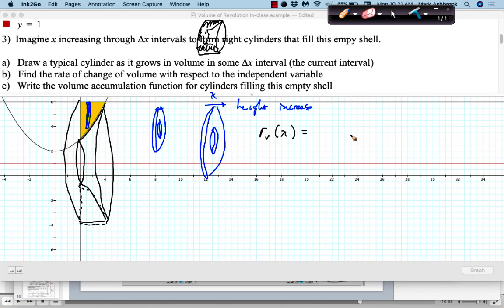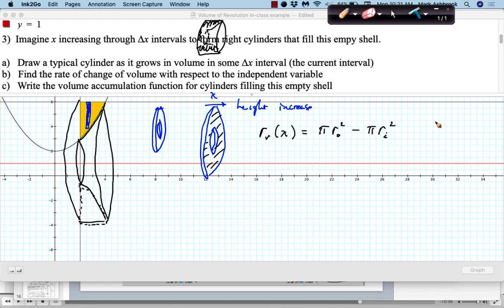Area of the base. Height is growing, so it's going to be this area right here. It's going to be our rate function. So it'll be pi r outer squared minus pi r inner squared, because it's a washer. It's got a hole in it. So that's going to be our rate function structure.